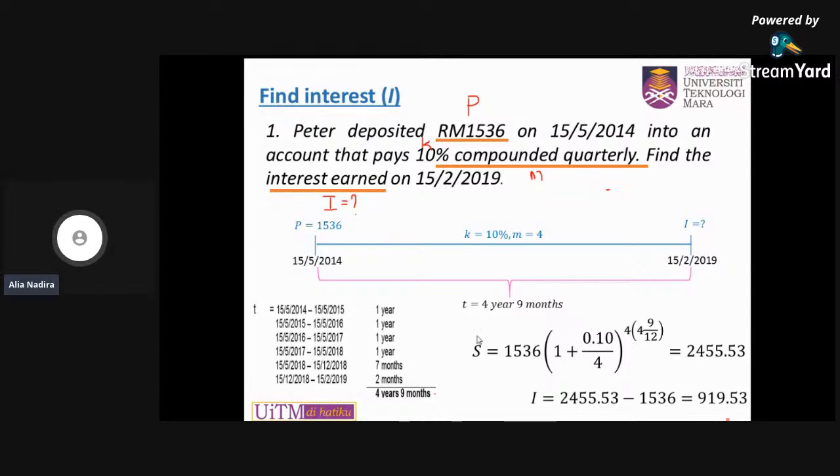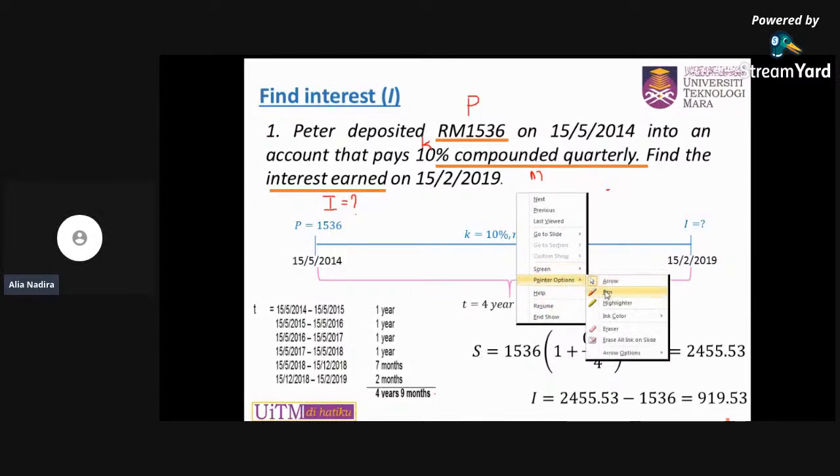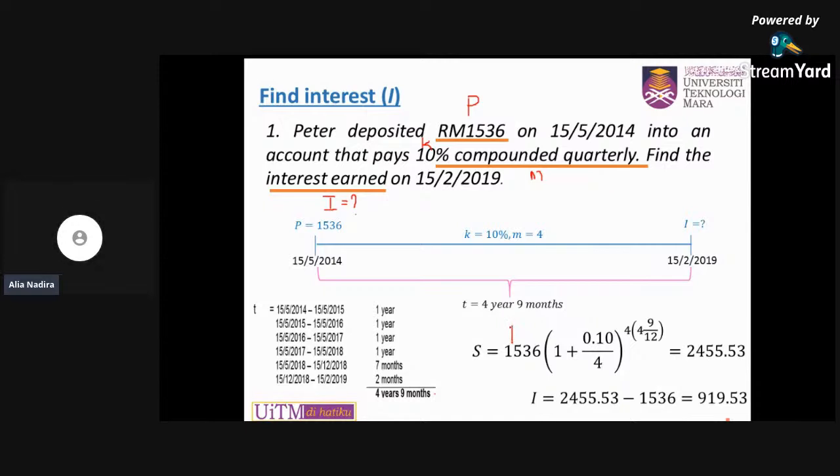First of all, you need to find S first. We know the formula is P(1 plus I), where I is K over M, to the power of M times T. So we will get this amount, 2455.53.